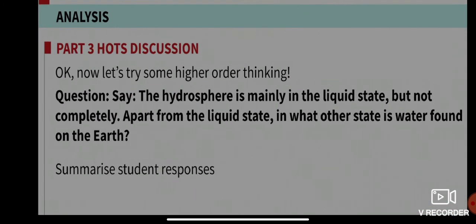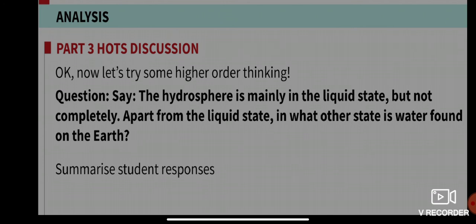The last question. The hydrosphere, we know, is mainly in the liquid state, as we have learned, but not completely. Apart from the liquid state, in what other state is water found on earth?